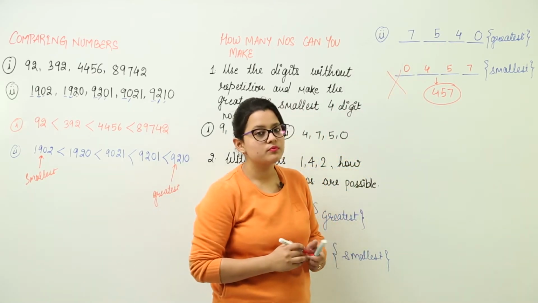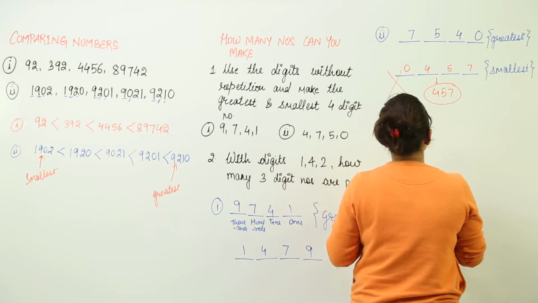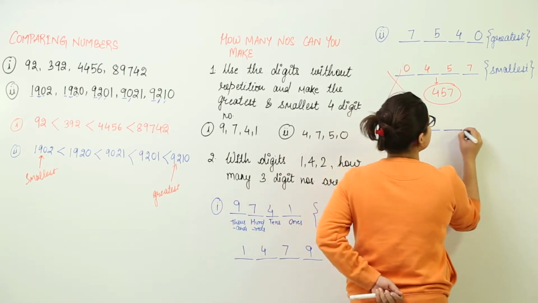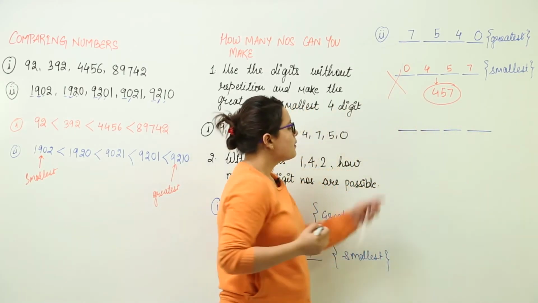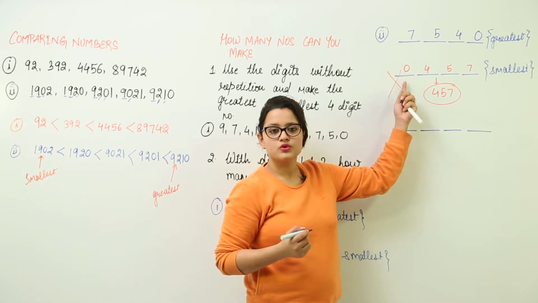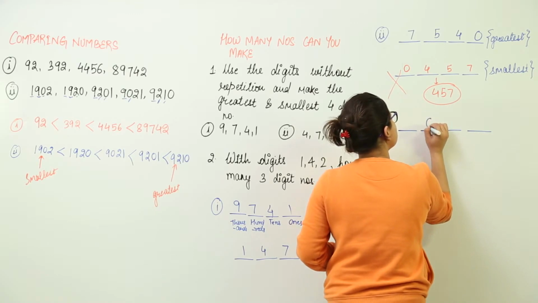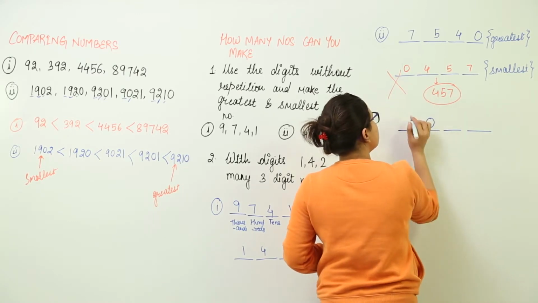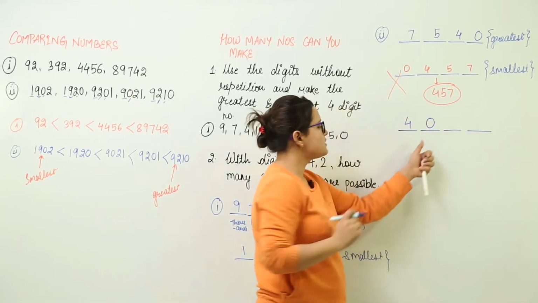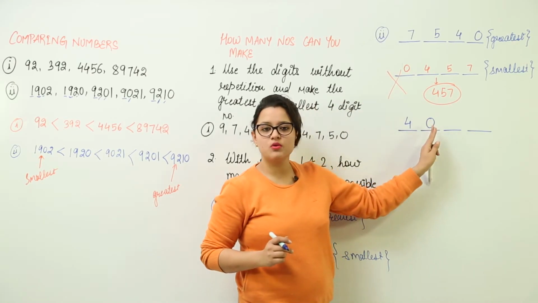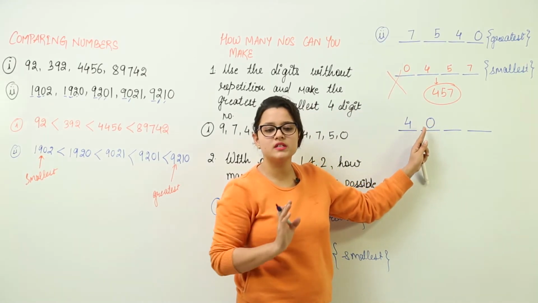Then what to do? For this, again I am showing you the correct way. The correct way is to shift this 0 to the next place. We place this 0 at the next place, that is hundreds. Now one place is occupied and one digit is placed.